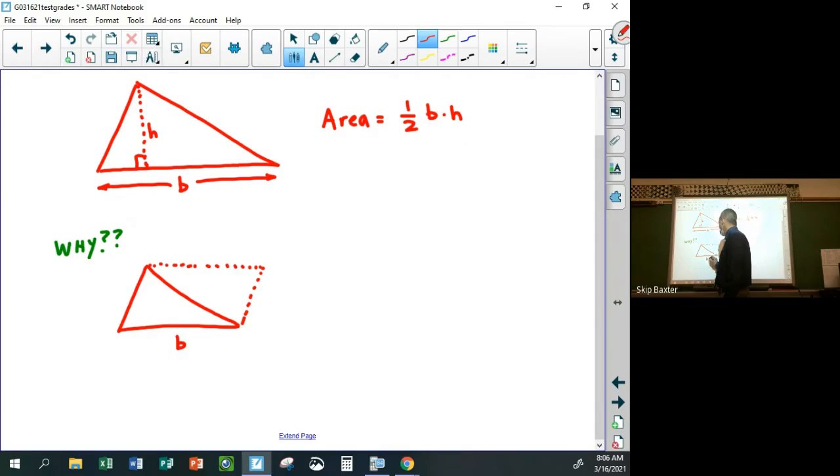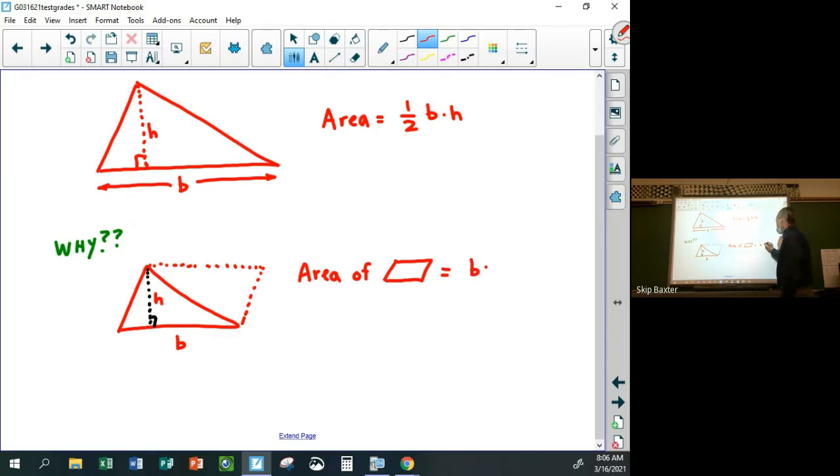This is b, and this distance right here, measured perpendicularly, is h. So if the area of that whole parallelogram is base times height, this is exactly half of it, right? So this is 1/2 base times height. So the area of the parallelogram is base times height.